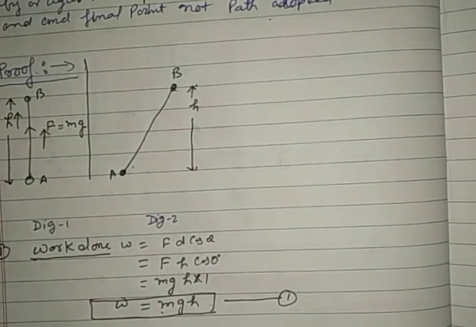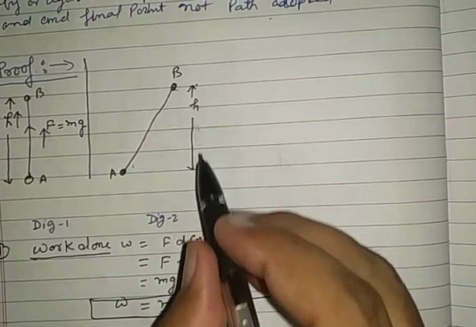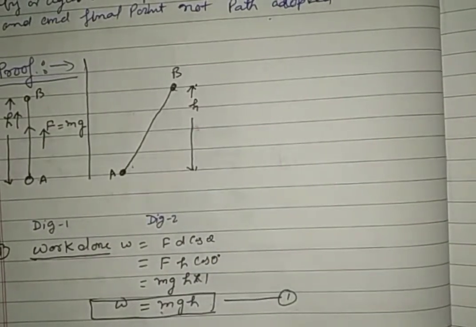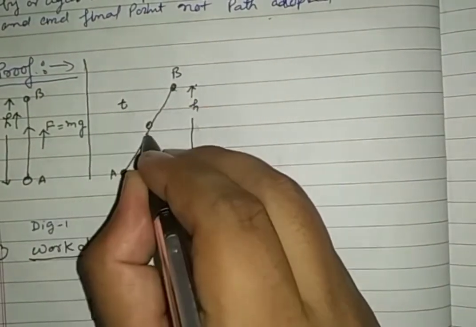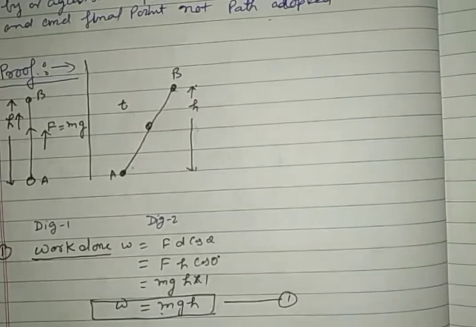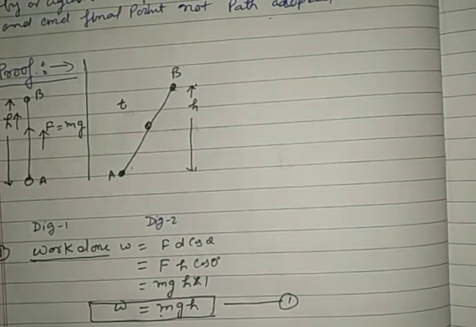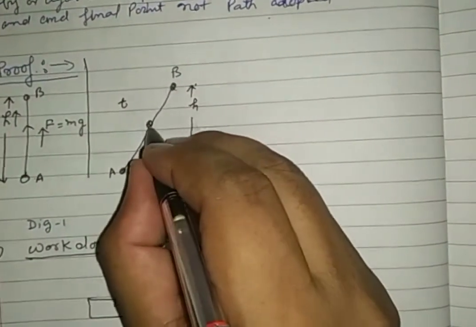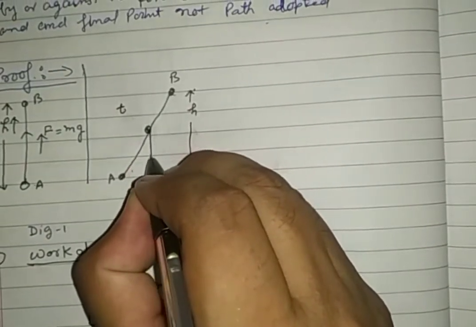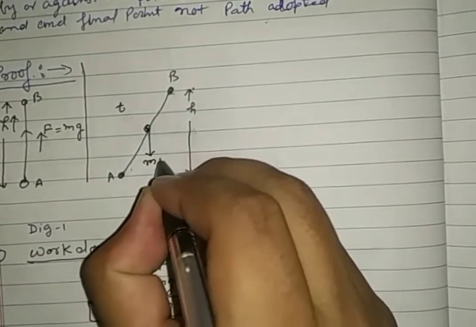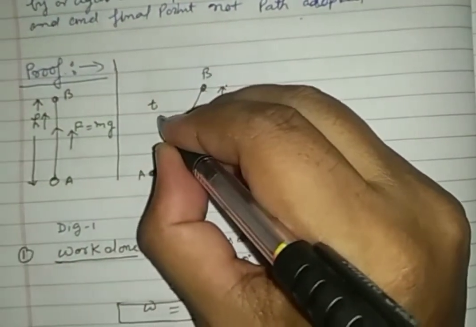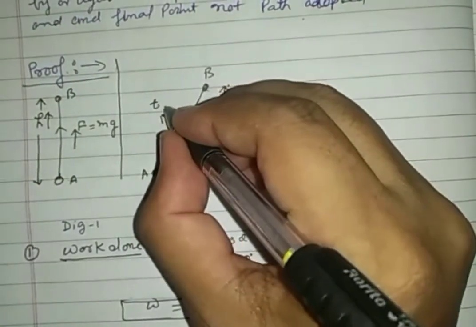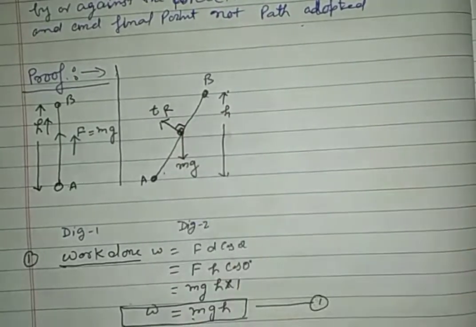At any instant t, let the ball be here, so see the projections of forces acting on it. We know that the weight of the ball always acts downward. Reaction always acts perpendicular to plane AB. See in the diagram very carefully.